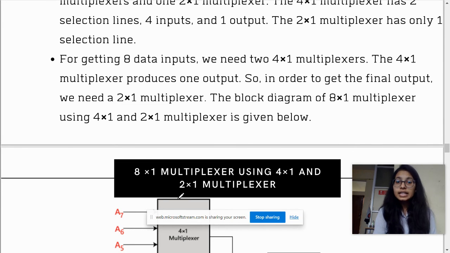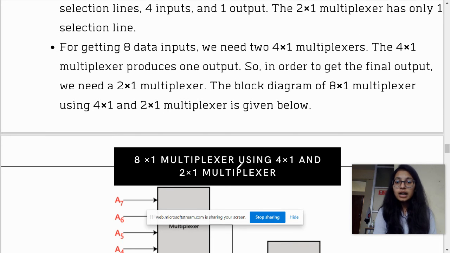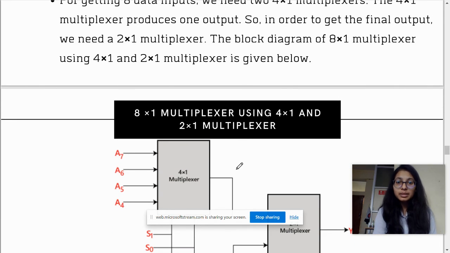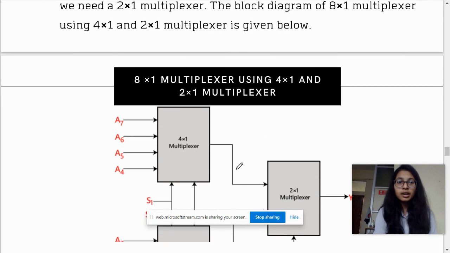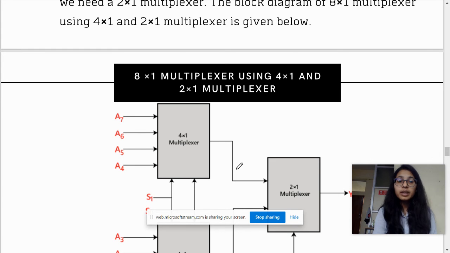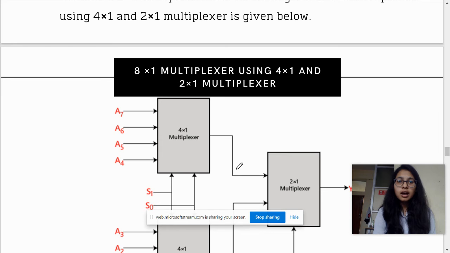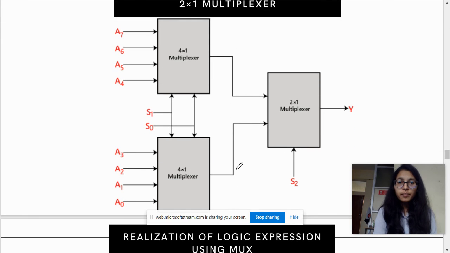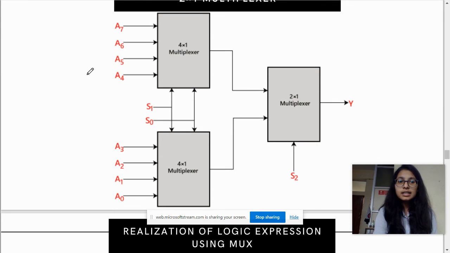Now, for getting 8 data inputs, we need two 4 cross 1 multiplexers. Each 4 cross 1 multiplexer produces one output, so in order to get the final output, we need a 2 cross 1 multiplexer. The block diagram of the 8 cross 1 multiplexer using 4 cross 1 and 2 cross 1 MUX is shown below. As we already saw, we'll be using two 4 cross 1 multiplexers.